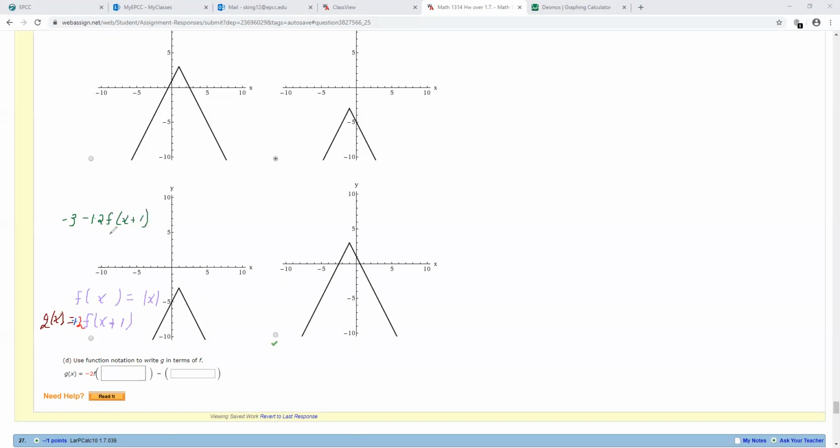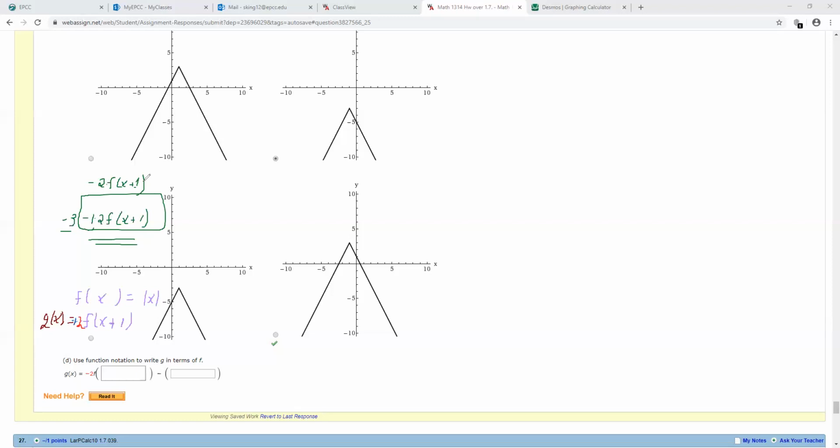Or we can write it, by the way, and this is negative, if you put it back together, -1 times 2 is -2 times f of x plus 1. And instead of writing -3 out here in front, this is -3 minus, the second term.